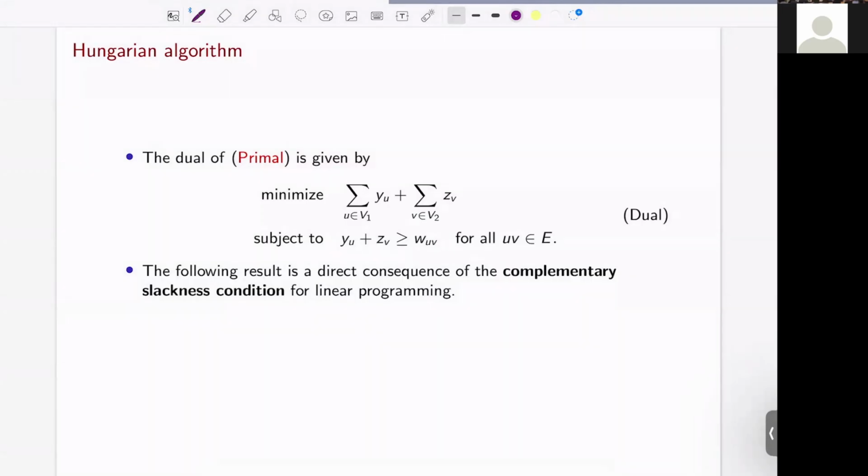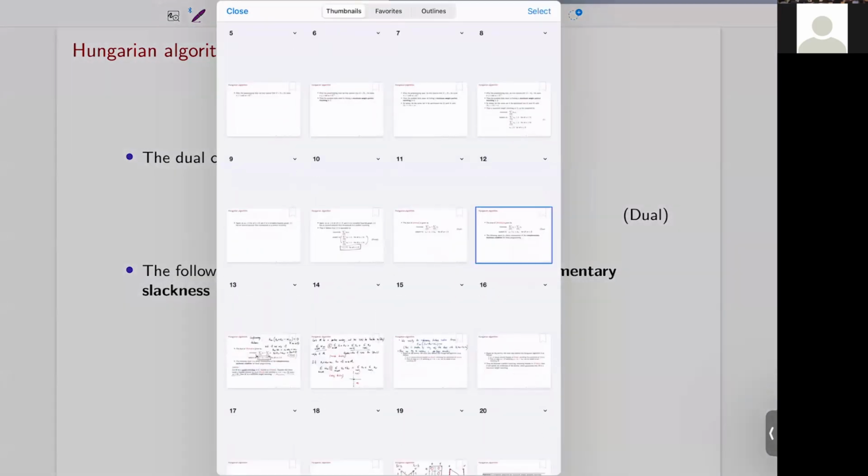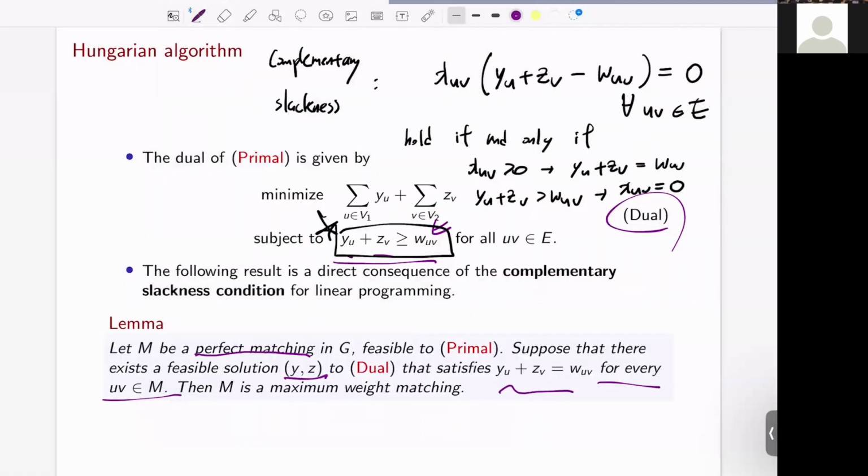And if they further satisfy the complementary slackness condition, then your solution will be optimal. When you design an algorithm, you make it so that the complementary slackness is always satisfied.